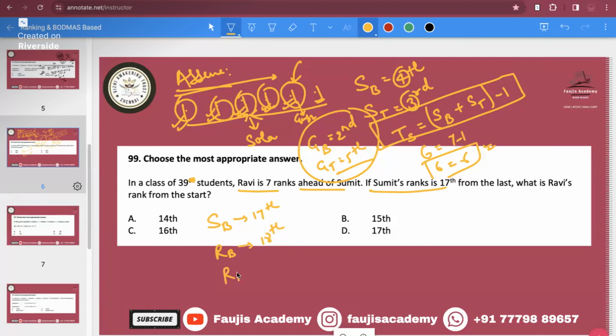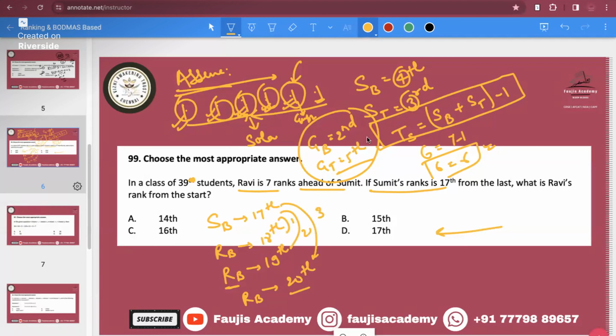If I said Ravi ranks only 2 ranks ahead of Sumit, then Ravi would have ranked 19th from bottom. If I say Ravi is 3 ranks ahead of Sumit from bottom, I'm not talking from top, from bottom, then he would have ranked 20th, right? That is why he is 3 ranks ahead. That is why he is 2 ranks ahead. That is why he is 1 rank ahead.